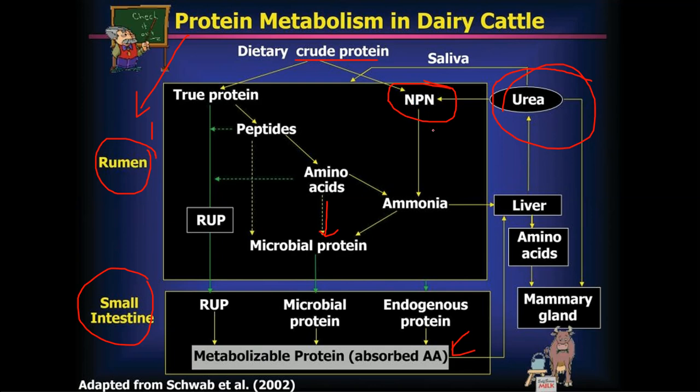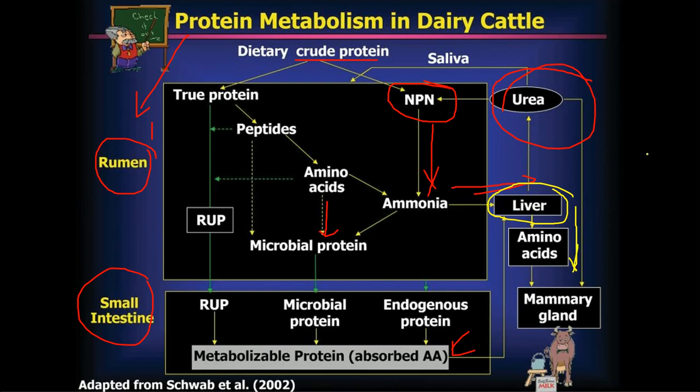The non-proteinous nitrogen is converted to ammonia in the stomach, and it goes to the liver. This is a very special process in ruminants. In the liver, there are varieties of enzymes which convert the ammonia to amino acids.